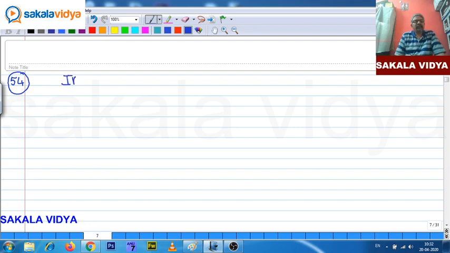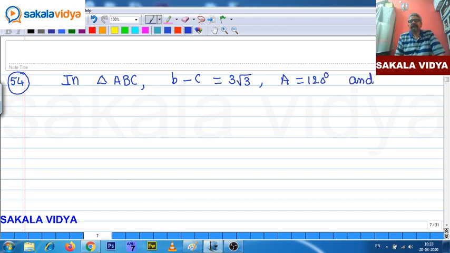In triangle ABC, b minus c equals 3 root 3, A is equal to 120 degrees, and the area of triangle ABC equals 9 root 3 upon 2 square centimeter.